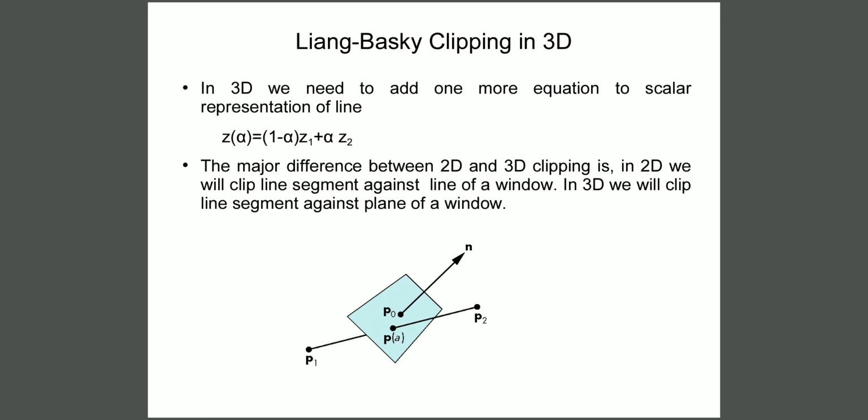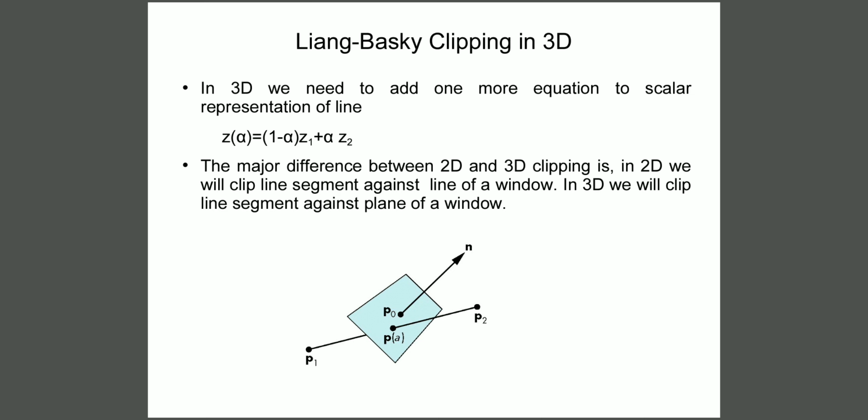Now, if we want to calculate one of the intersection points, for example alpha, then we need to draw a normal on the plane by considering a random point, that is P0. Here n is the normal that we have drawn to calculate the alpha value. To draw the normal, we consider a random point on the plane, that is P0.